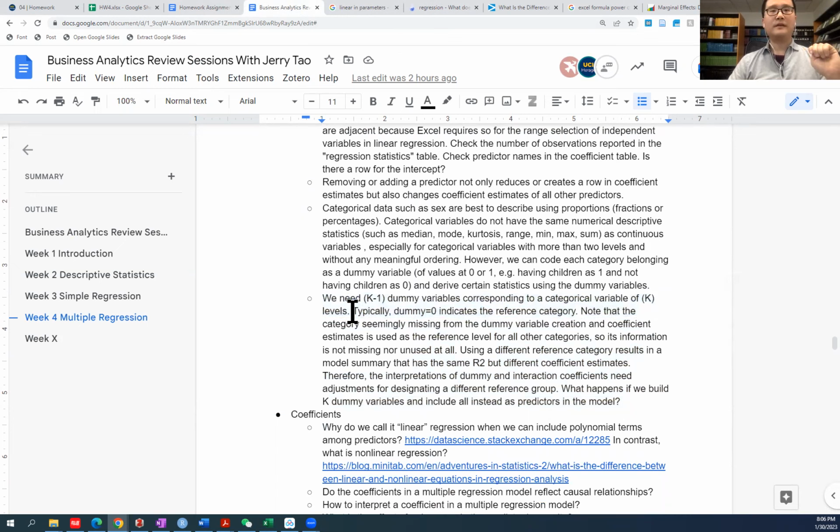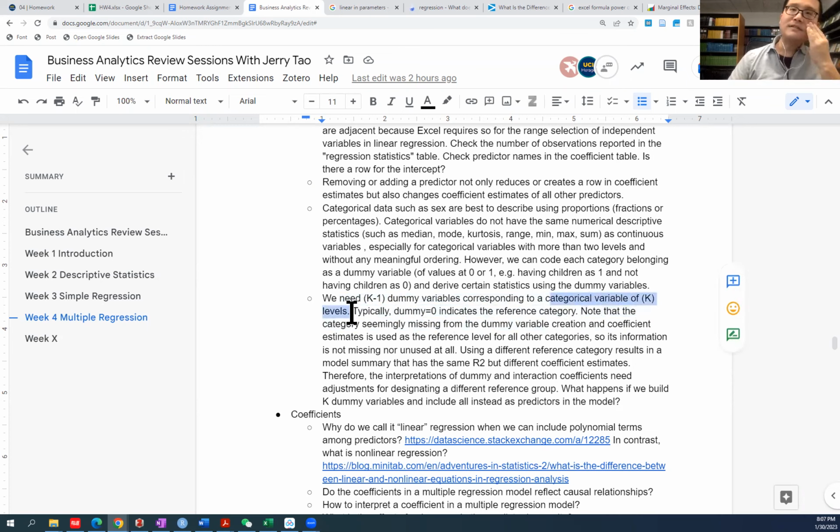You should have already discussed this part in the lecture videos and in-person lectures. Typically, the dummy variable equals 1 indicates the category, while the reference category is seemingly missing from the dummy variables.